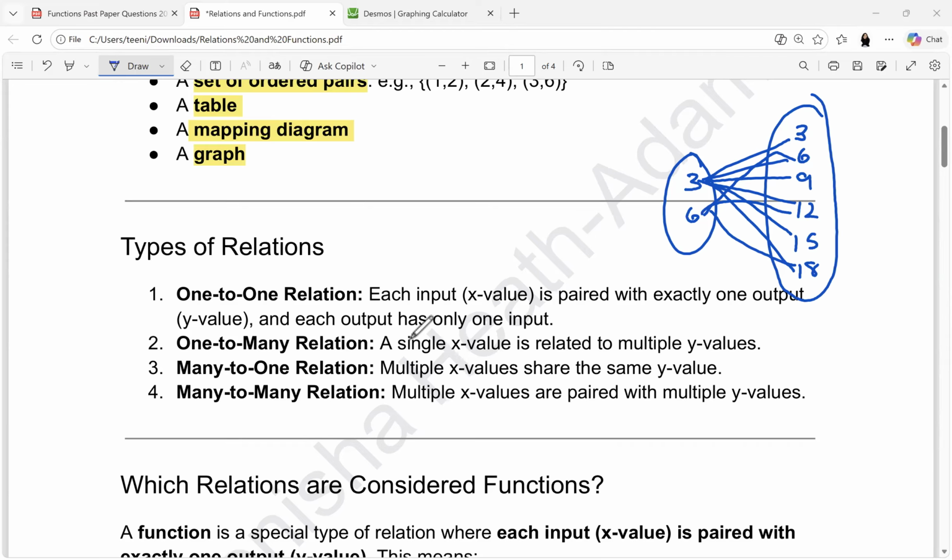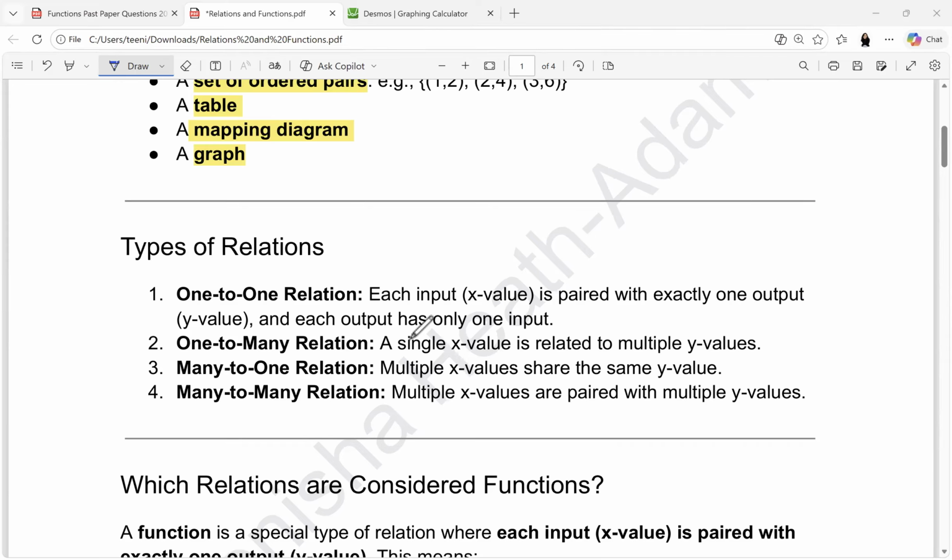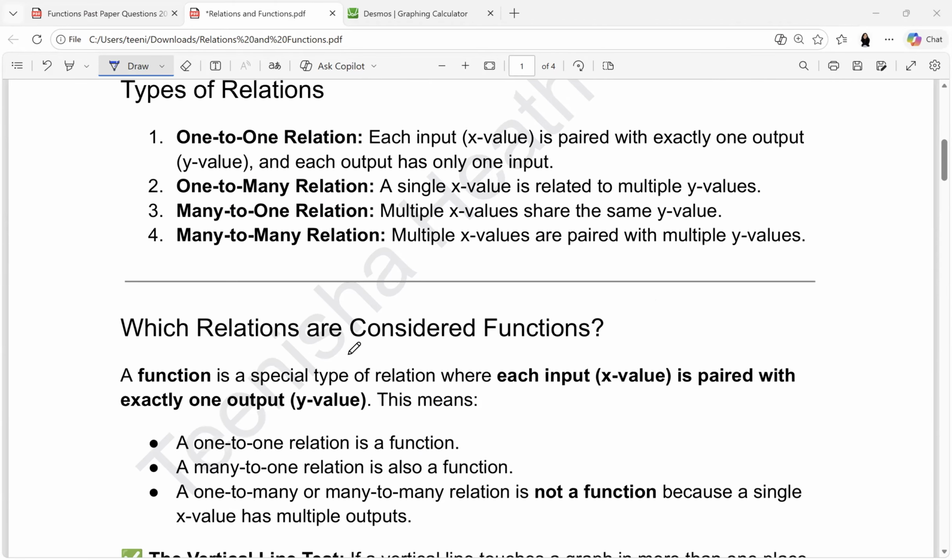All right. So that's just a recap, guys, on the different types of relations. Now, in terms of a function, functions are special types of relations. Only two of these relations that we just discussed are considered functions. A function is a special type of relation where each input, each x value, is paired with exactly one output, or one y value.